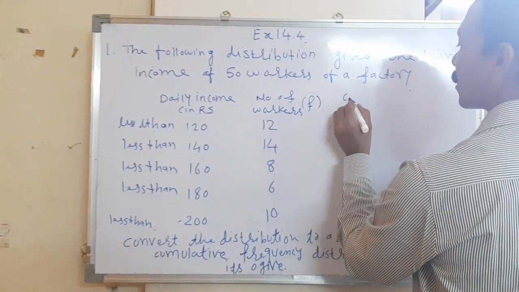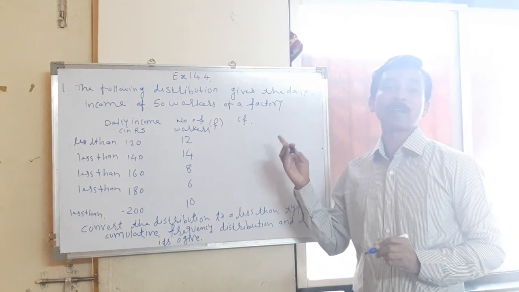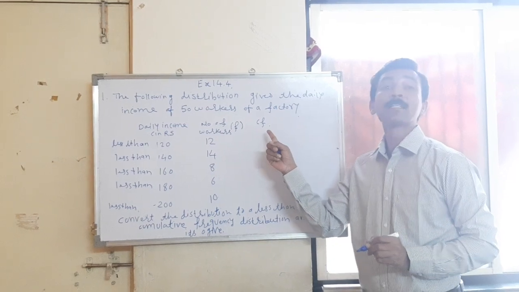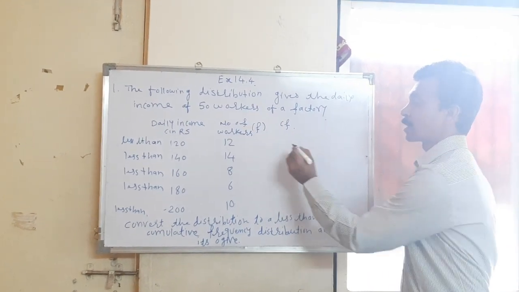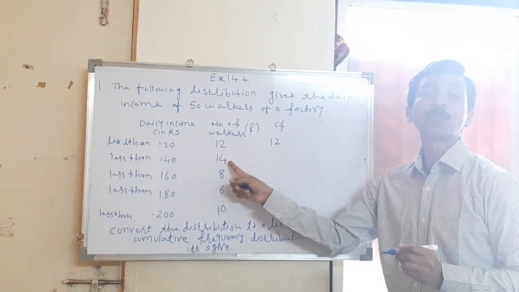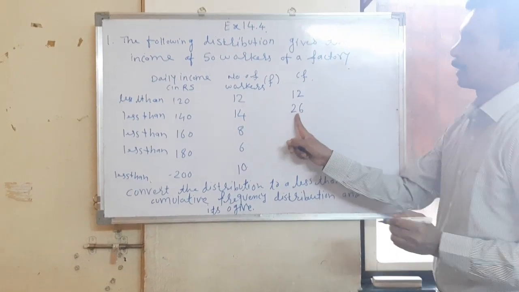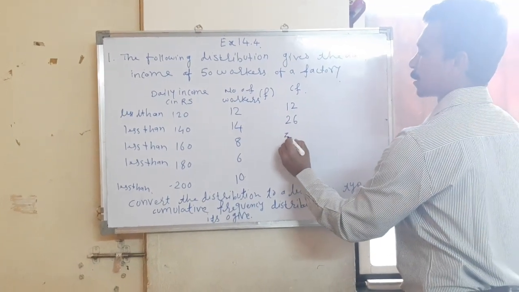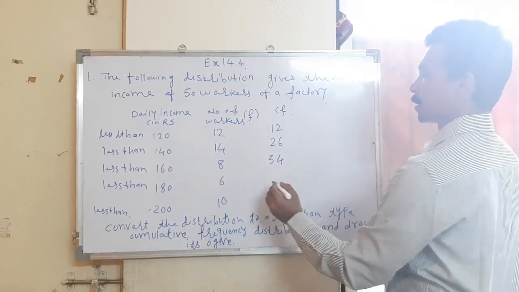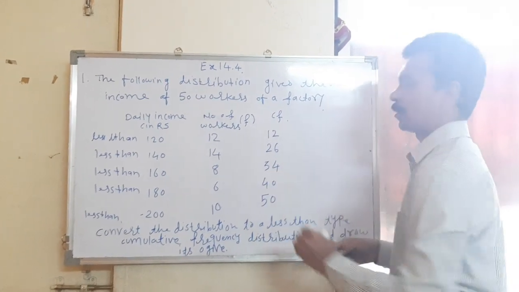So we have to find CF. In median we have seen how to find a median, right? And there also we have seen how to find CF. First I'll write the first number as it is and then I'll add 12 to 14. 12 plus 14 is 26 and 26 plus 8 is 34. 34 plus 6 is 40 and 40 plus 10 is 50.